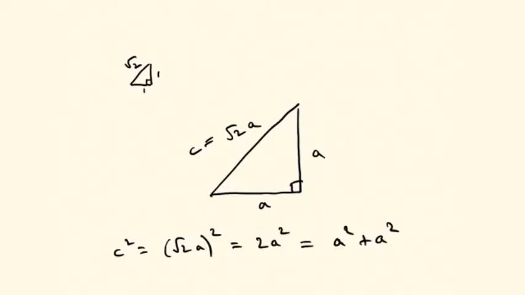Now perhaps you can see that this starts to resemble a familiar result. The square of the hypotenuse is the sum of the squares of the other 2 sides.